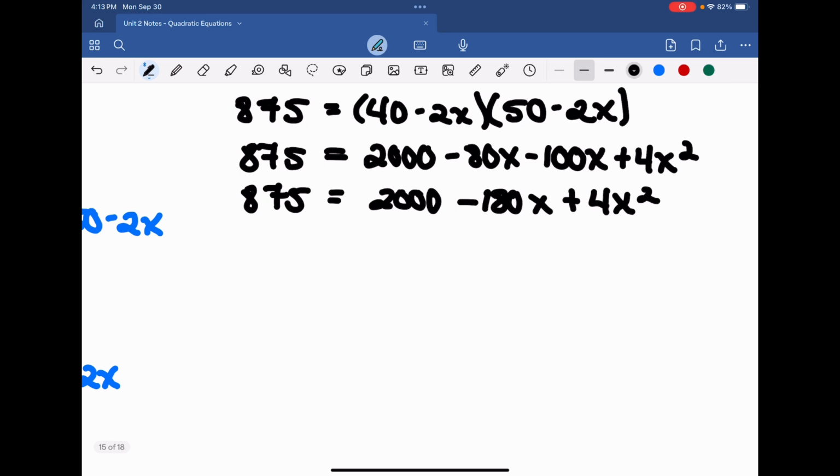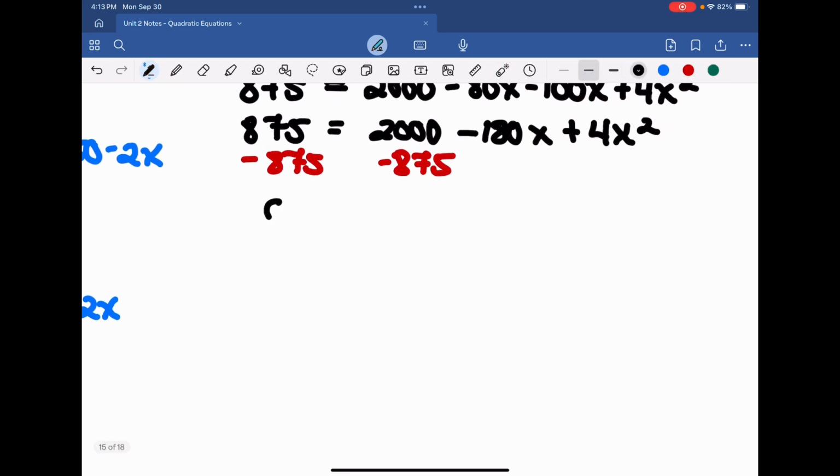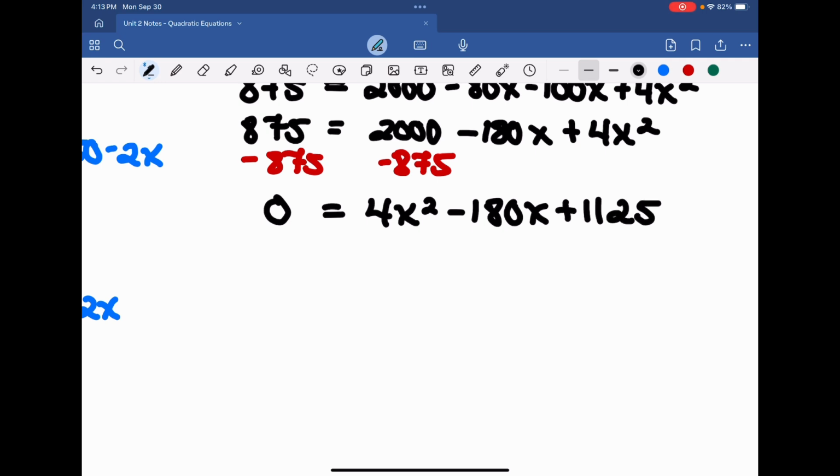Now I'm going to subtract 875 from both sides, minus 875, minus 875, because I want to keep the x squared term positive on the right here. This is going to give me 0 is equal to 4x squared minus 180x, and then 2,000 minus the 875 is equal to 1,125.